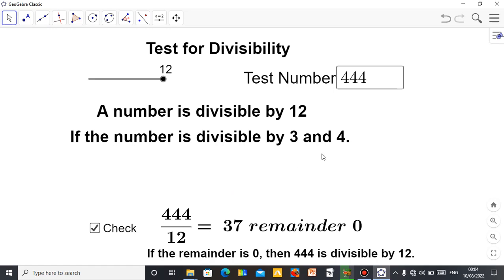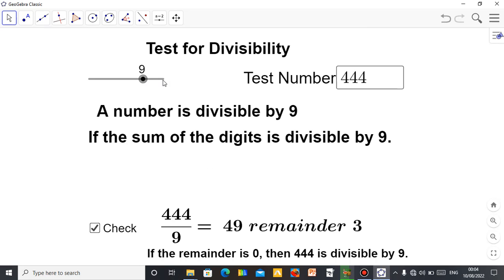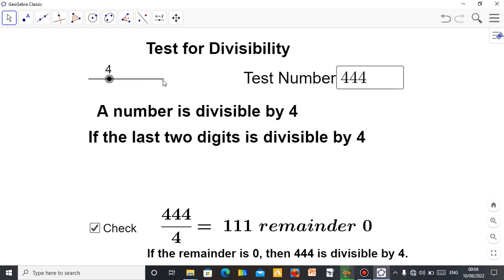If I want to know if 444 is divisible by 3, you know the rule for 3. Just add 3 plus 4 plus 4, 8 plus 4, 12. So 12 can divide 3, therefore 444 can divide 3 without a remainder. Then if you want to test for 4, remember the condition I gave for 4: you check the 2 last digits.